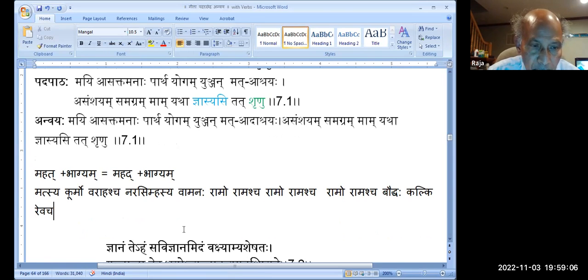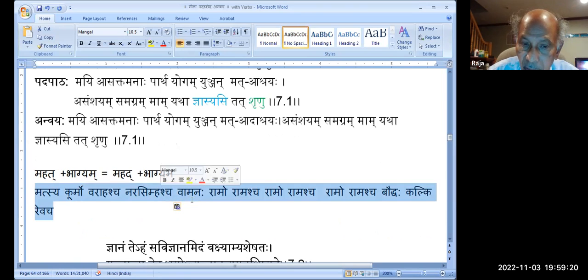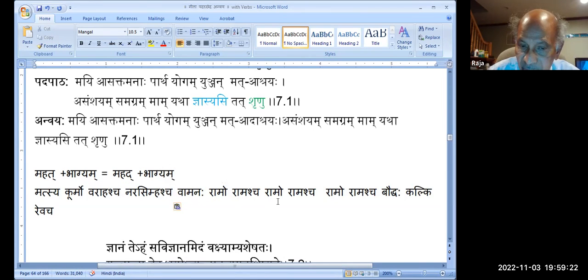This is Matsya Kurmo Varahascha Narasimhascha, not Simhasya, Simhascha. Vamanaha Ramo Ramascha Ramascha Bauddha Kalkirevacha.